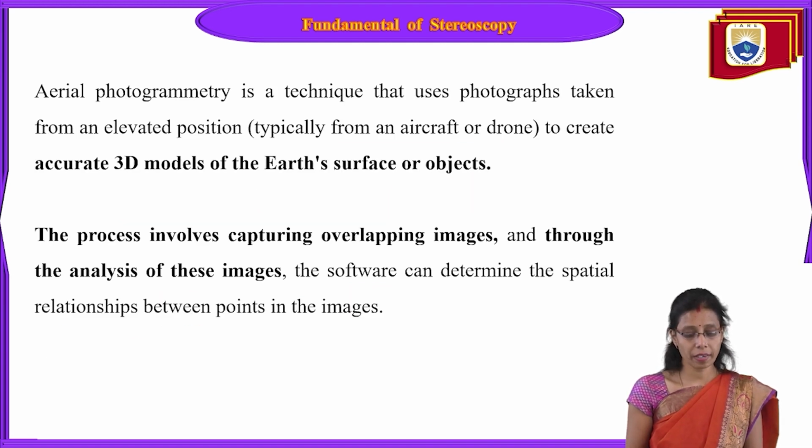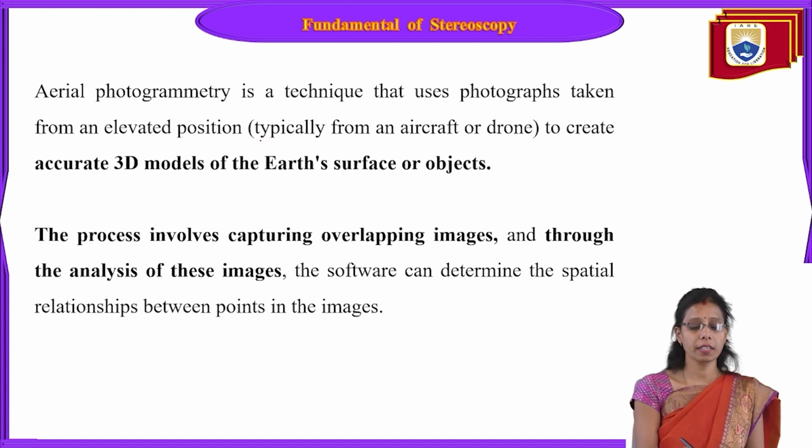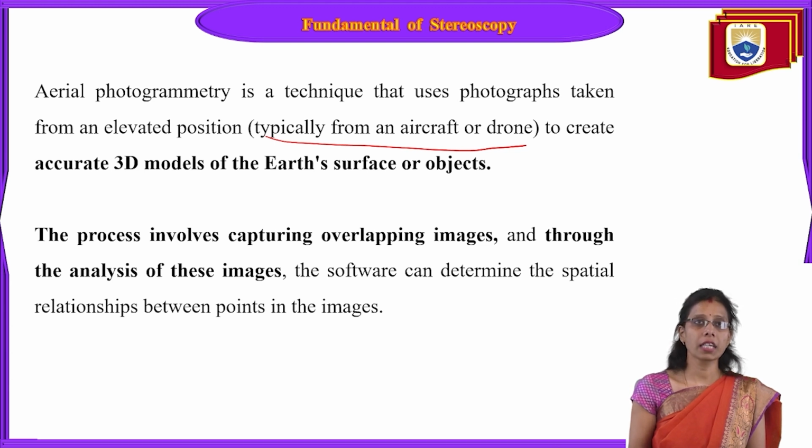Now, aerial photogrammetry is a technique that uses photographs taken from an elevated position, usually from a drone or aircraft, and it is usually used to create accurate 3D models of the Earth's surface or objects.